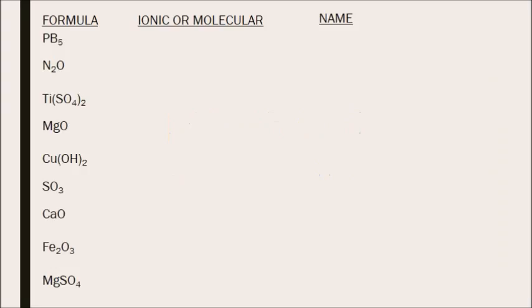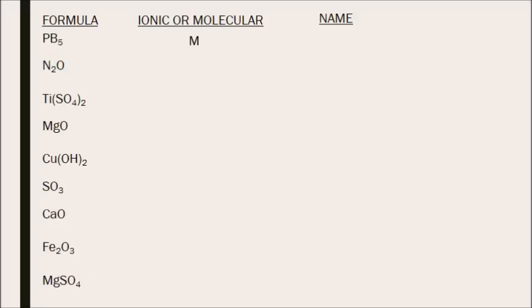Alright, so for our first formula, we're going to be looking at PBr5, and we know that P and Br are both nonmetals, so therefore we have to have a molecular compound here. And P is phosphorus, and when we're naming molecular compounds, we do not put prefixes for the very first element in the compound if there's only one, so it's just going to be phosphorus.